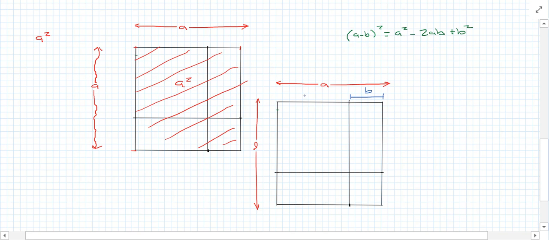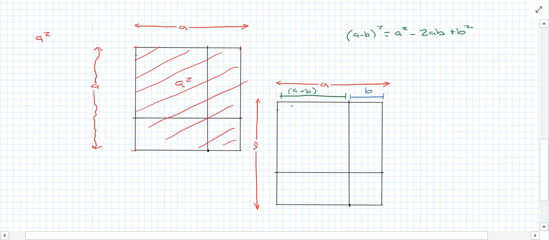Okay, so where is a minus b? a minus b is going to be this length from here to here. So that's the length a minus b.